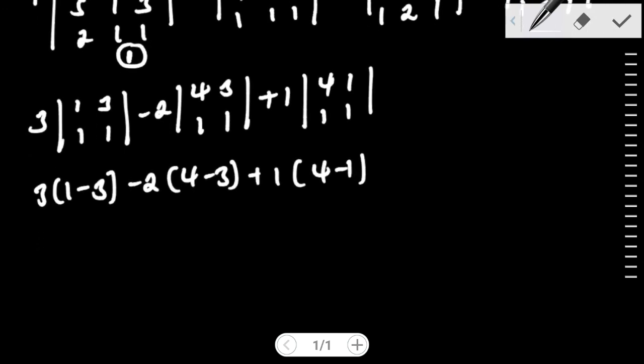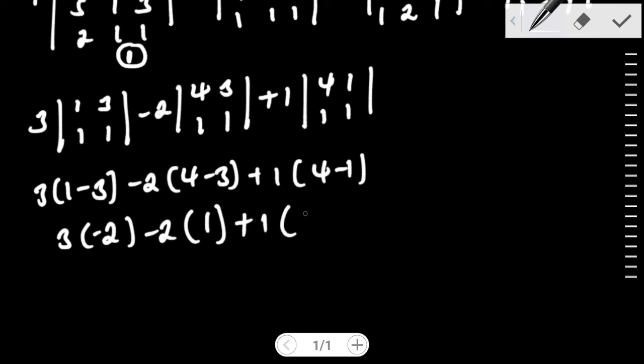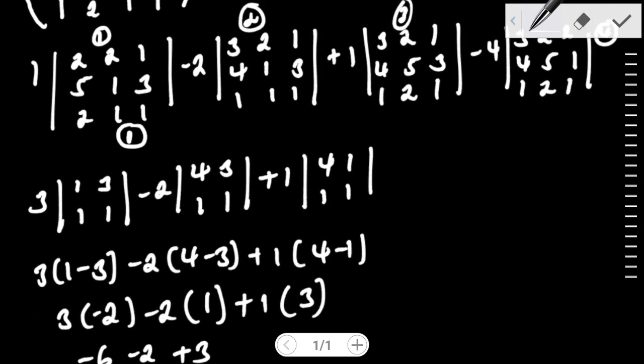That is 3 into negative 2, minus 2 into 1, plus 1 into 3. This is negative 6 minus 2 plus 3, which is negative 8 plus 3, giving negative 5. Therefore the determinant of the second matrix is negative 5.